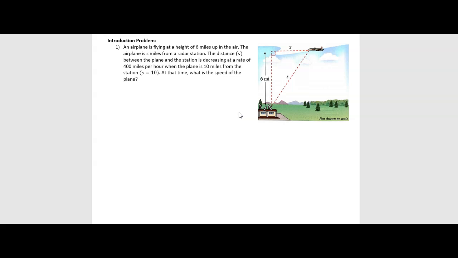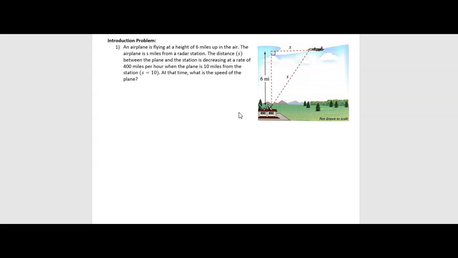So again, just take a couple minutes, think about it. Is there any equation you can come up with based off of the diagram? I don't expect you to get all the way to the end and find that speed, but see what you could set up, and then we'll see if anything you came up with was useful later on.